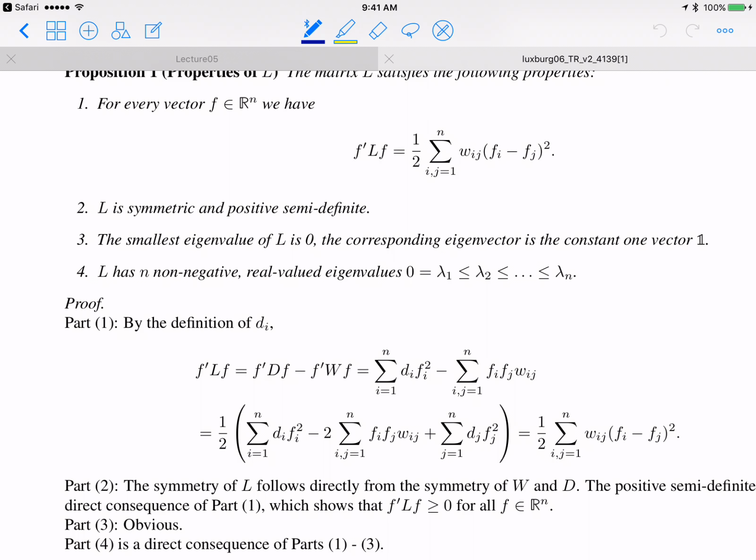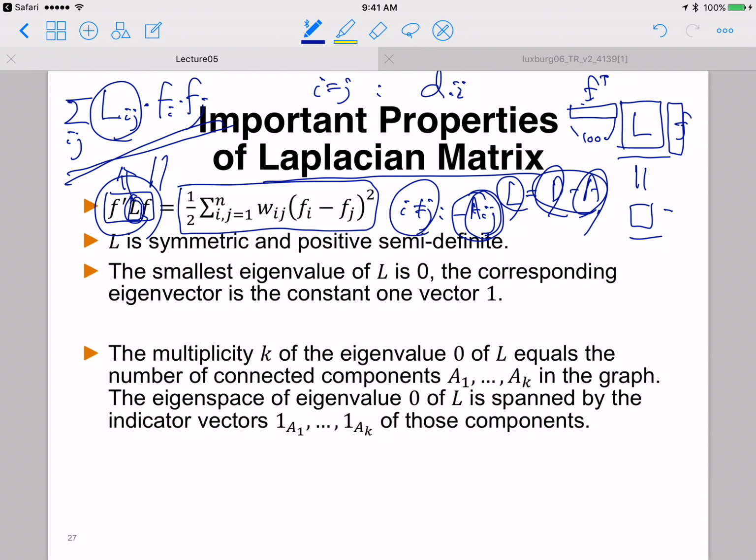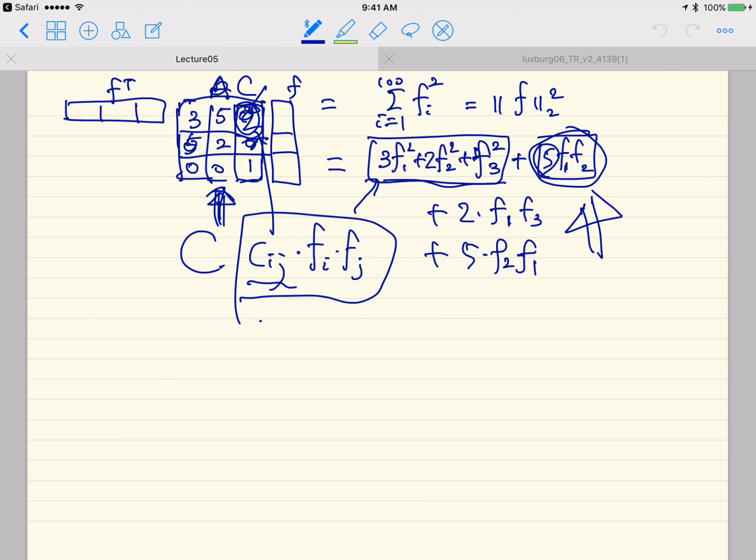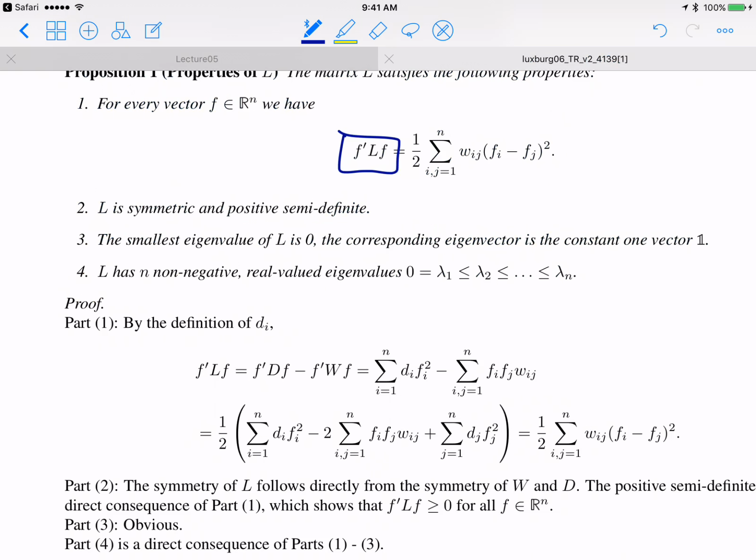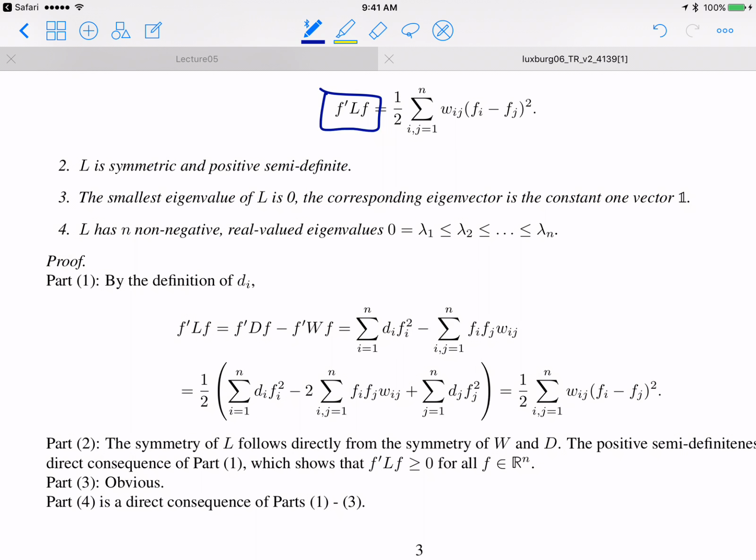Okay, so this guy was this guy. So you understand this part. Now let's try to manipulate this equation. This guy is the same as this guy minus this guy.